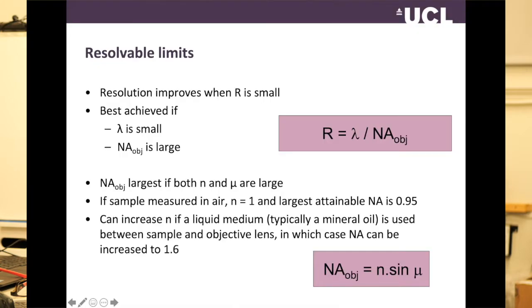Right, as I said already, we want the resolution to be the highest, and we get the highest resolution when R is the smallest. To do that, lambda, which is the wavelength of light, needs to be small, and the numerical aperture needs to be large. As I said, in air, the refractive index of air is 1, and we can't go higher than that. So the numerical aperture is then fixed by the physics of the lens.